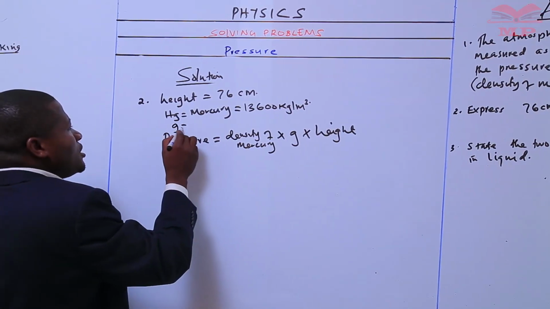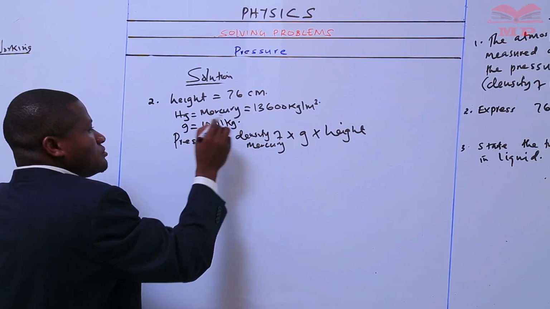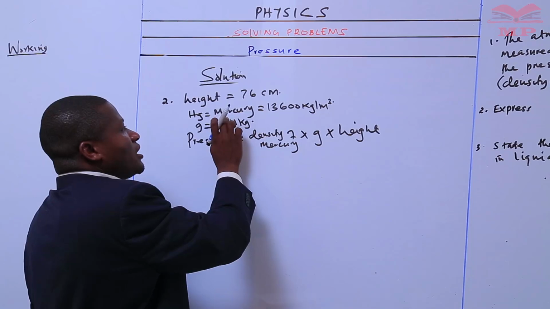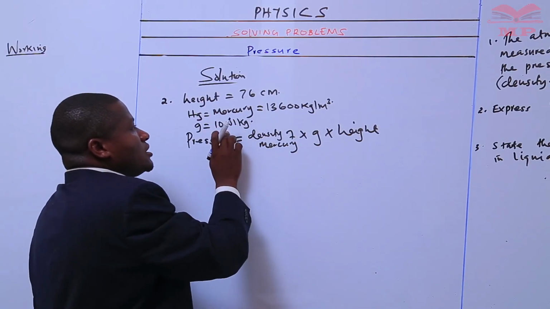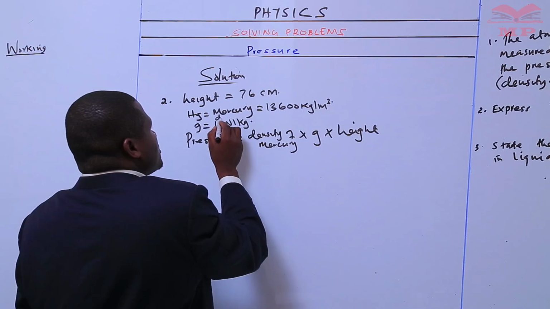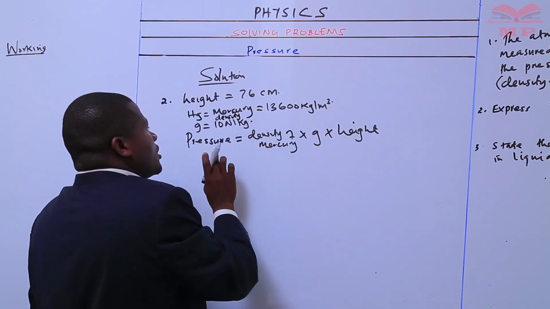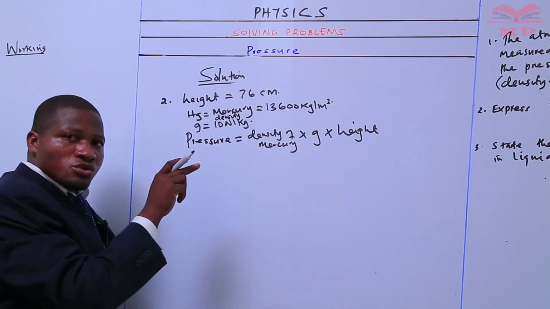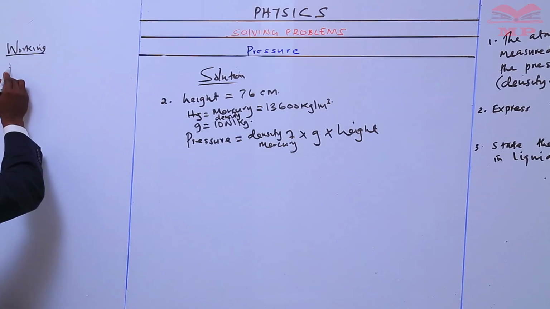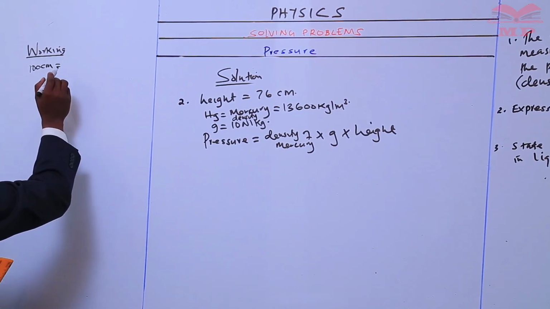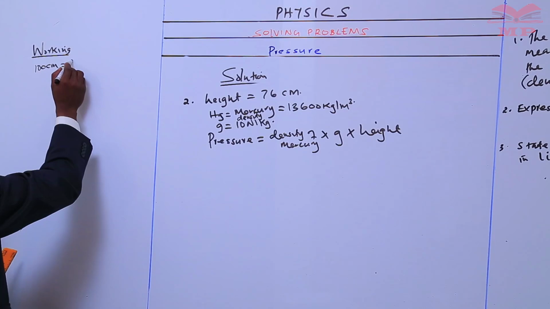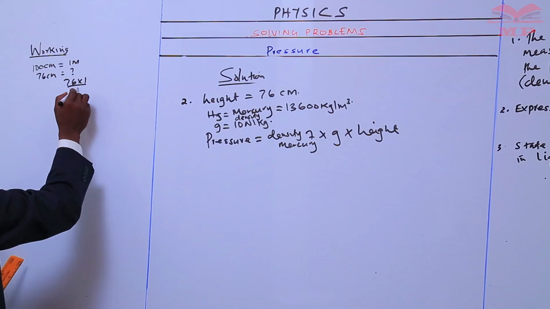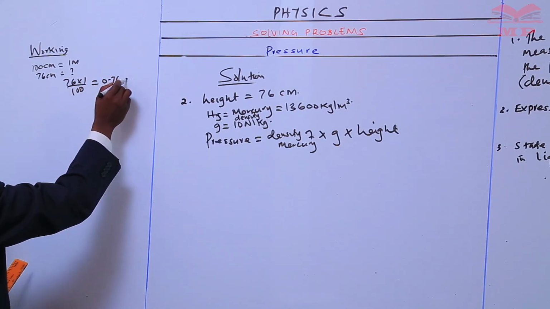So G is 10 Newton per kilogram. Now, when I substitute here, I have the height and the mercury density. Remember, this height is in centimeters, so we must convert it to the SI unit. 100 centimeters is equal to 1 meter. So what about 76 centimeters? We have 76 times 1 over 100, which is equal to 0.76 meters.